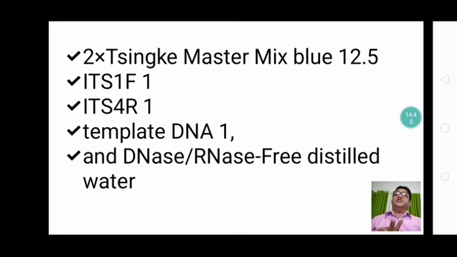Mixtures of the polymerase chain reaction, or PCR, contained the following, in microliters per 25 microliters: 2 times Master Mix Blue 12.5, ITS1 F1, ITS4 R1, template DNA 1, and DNase, RNase free distilled water to obtain a final volume of 25 microliters.